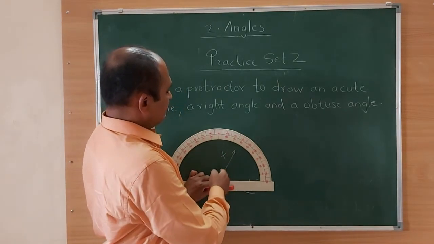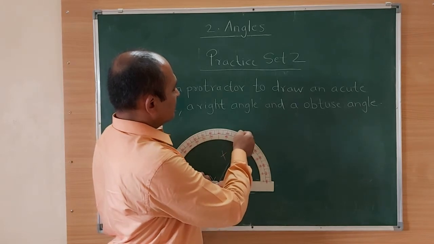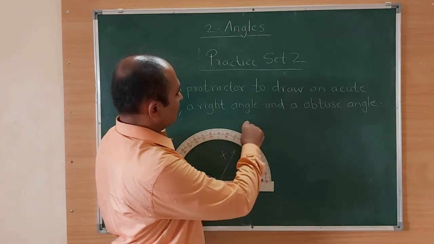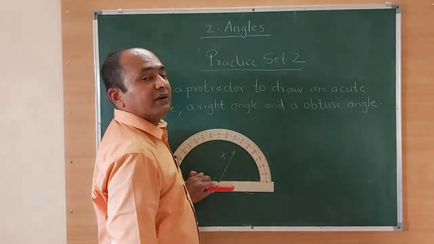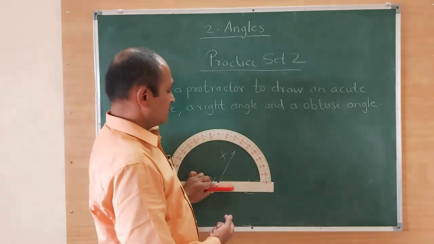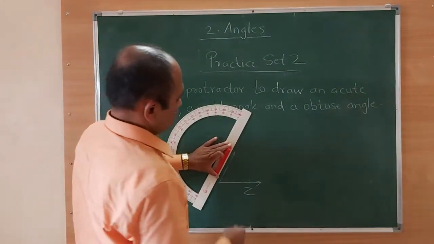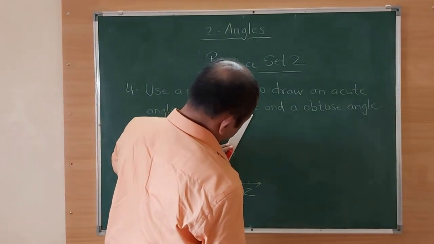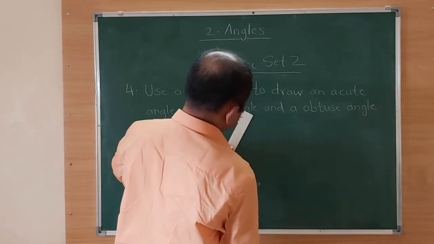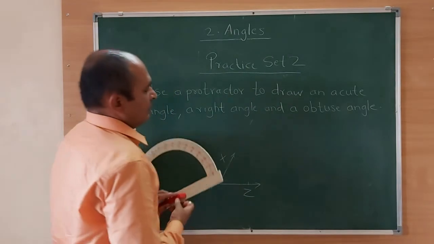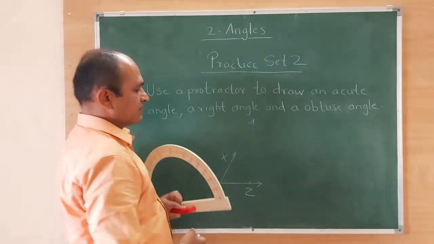Now this arm does not reach the edge of the protractor. So in such cases, you have to extend the arms. Both the arms you can extend.